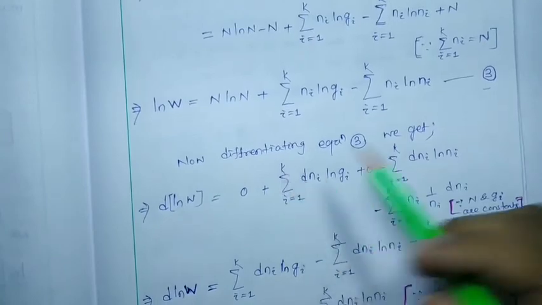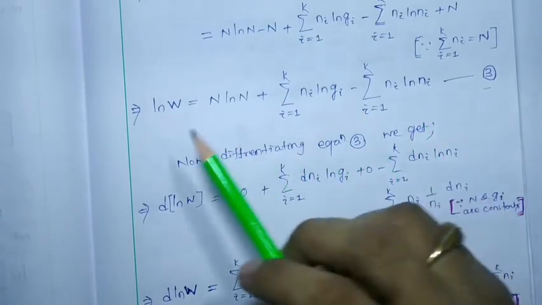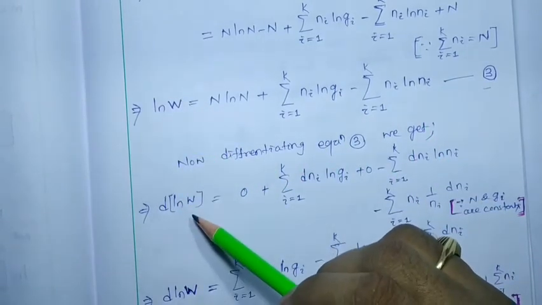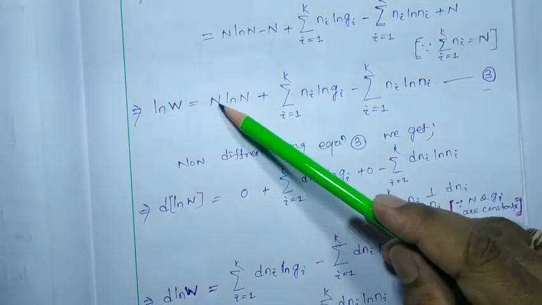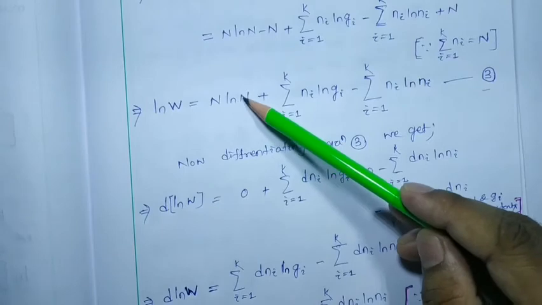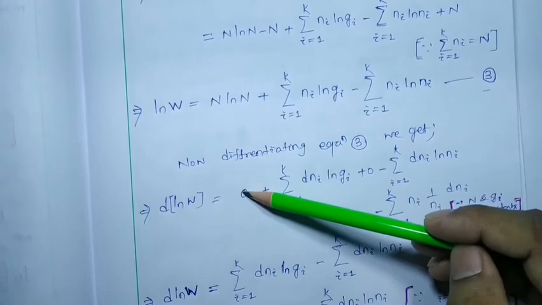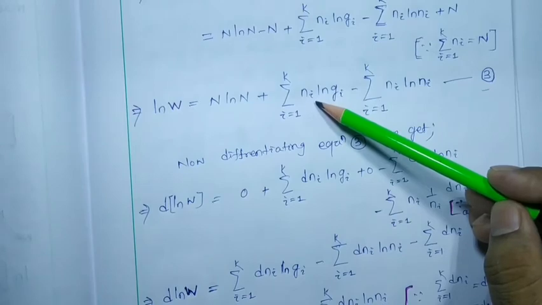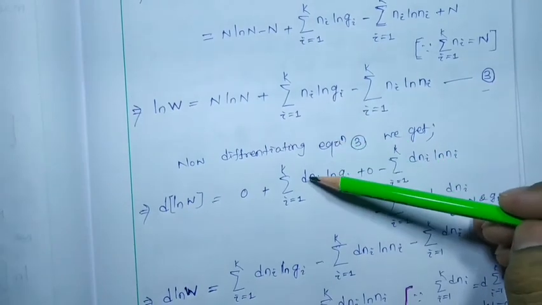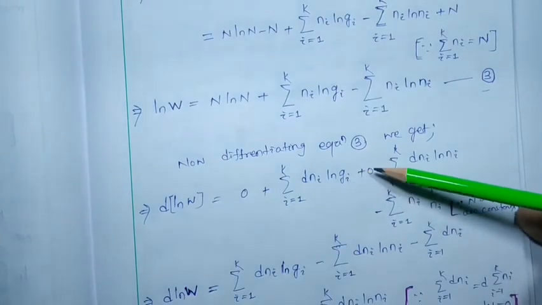Now differentiating equation number 3, left and right, what we are going to get, d of ln W is equal to, here I have written 0 because N ln N both are constant. N is the total number of particles, so if we consider the differentiation of this one, it will be 0, right? Now differentiate this one. This will be d ni ln gi, plus here I written 0, plus here I written 0.